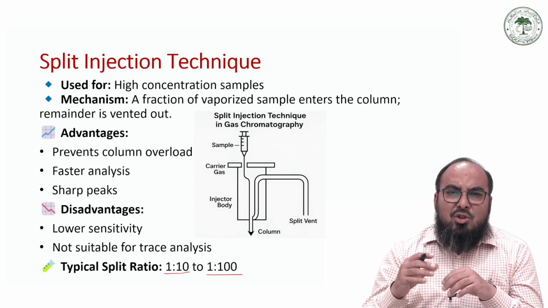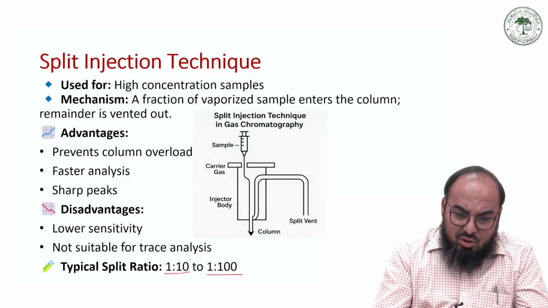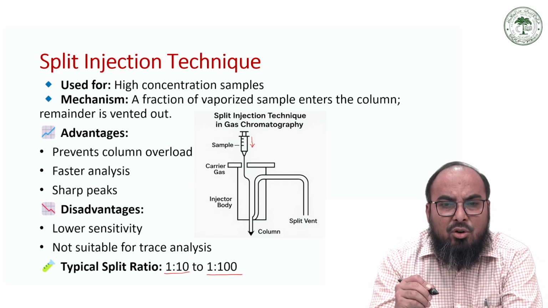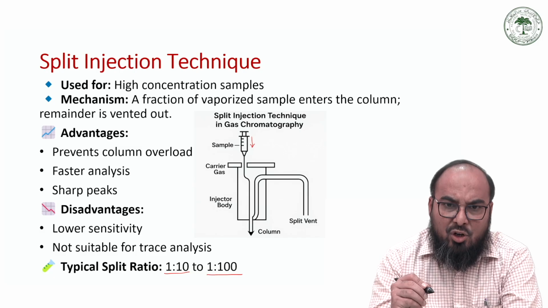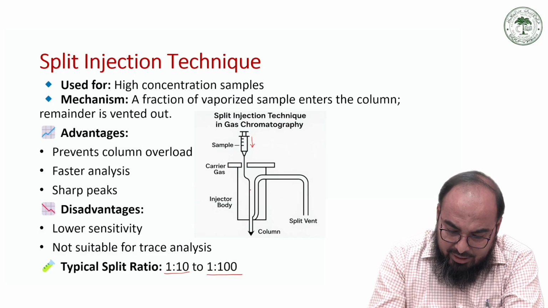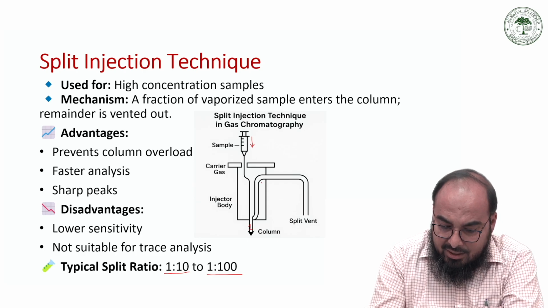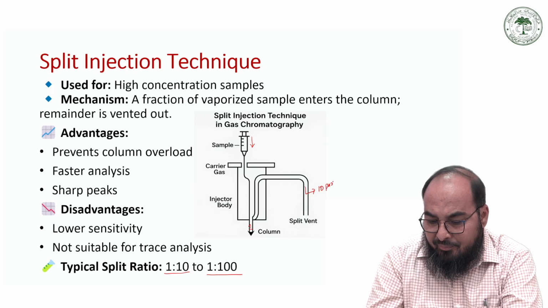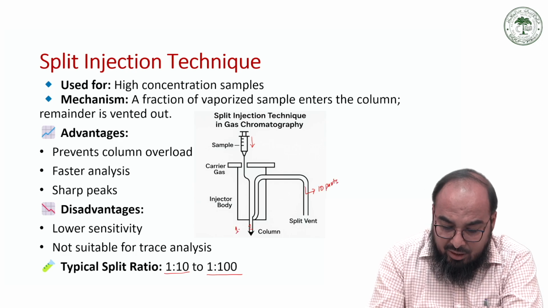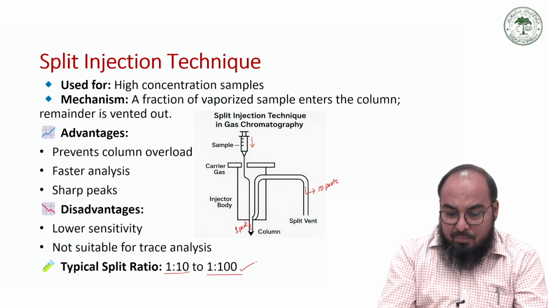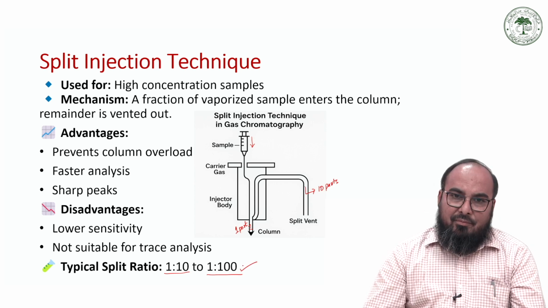This ratio tells you that when you introduce your vaporized sample, 1:10 means that one part is going into the column and 10 parts are venting out. Similarly, if it is 1:100, then 100 parts will be vented out.